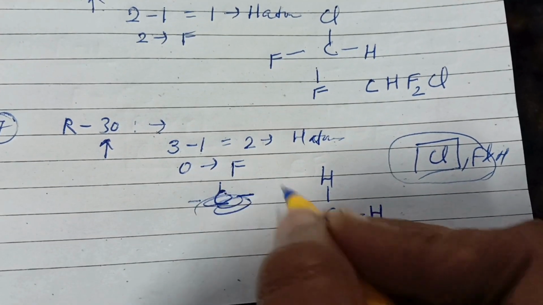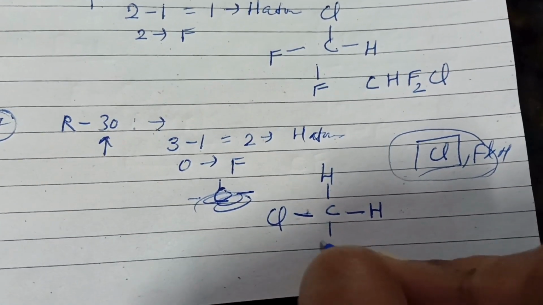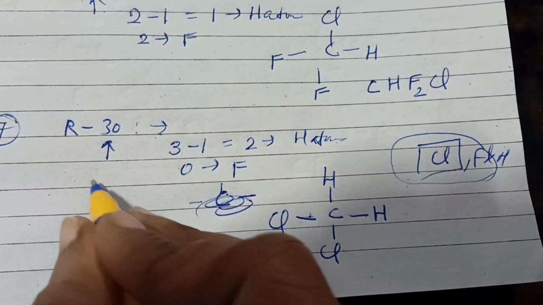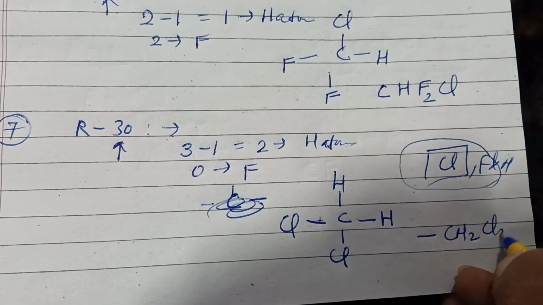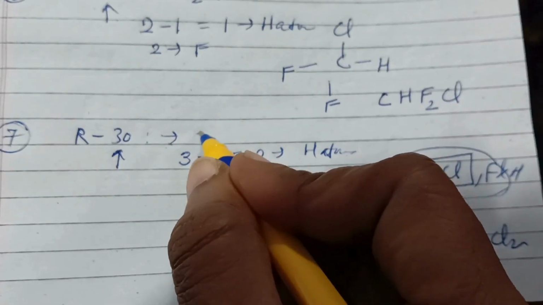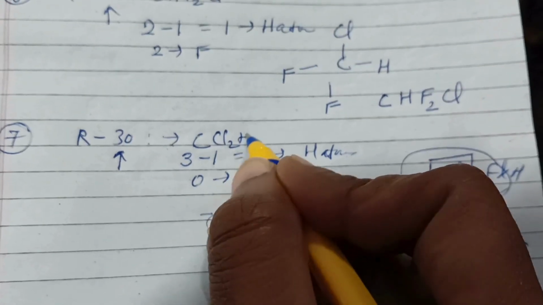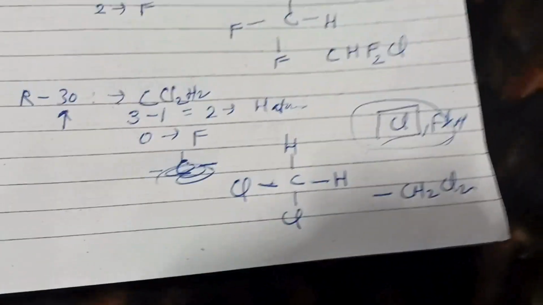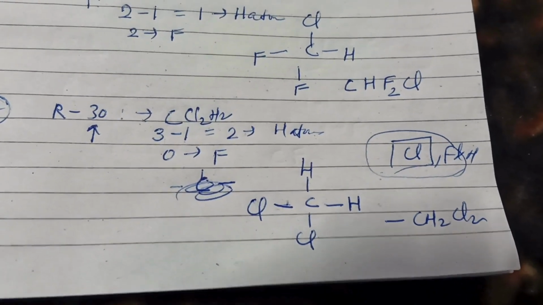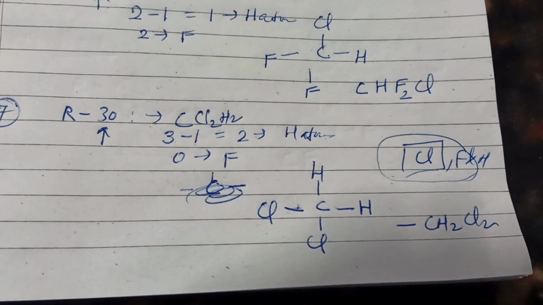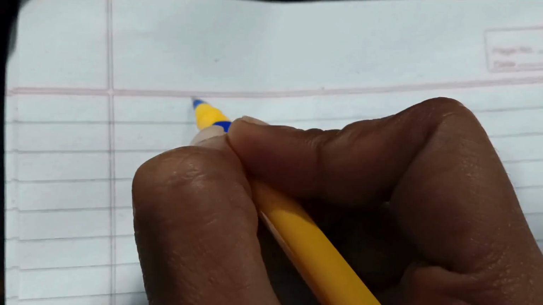There is no fluorine, so the rest would be taken by chlorine. So you got the formula for R30. What is this? CH2Cl2. You can write it either way, CCl2H2, whichever you want, but you have to eliminate the options and find the correct option. CH2Cl2.